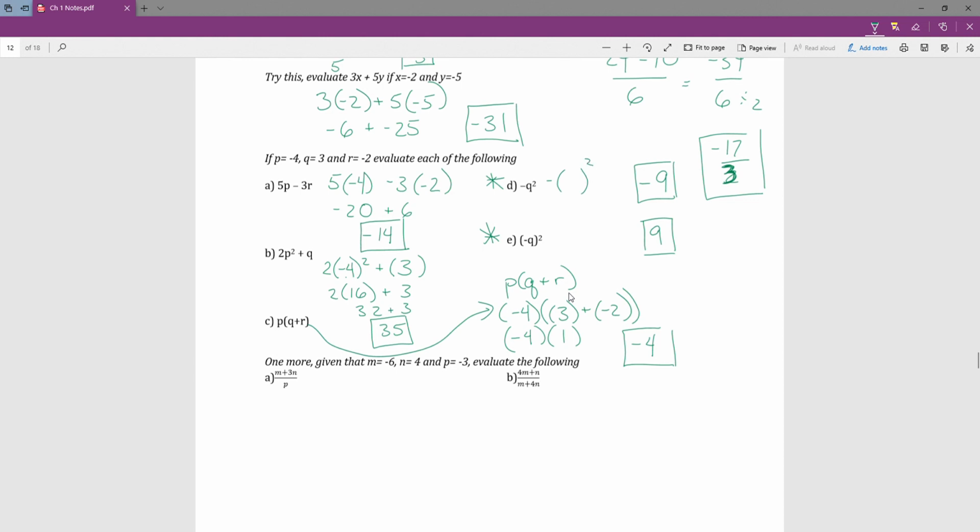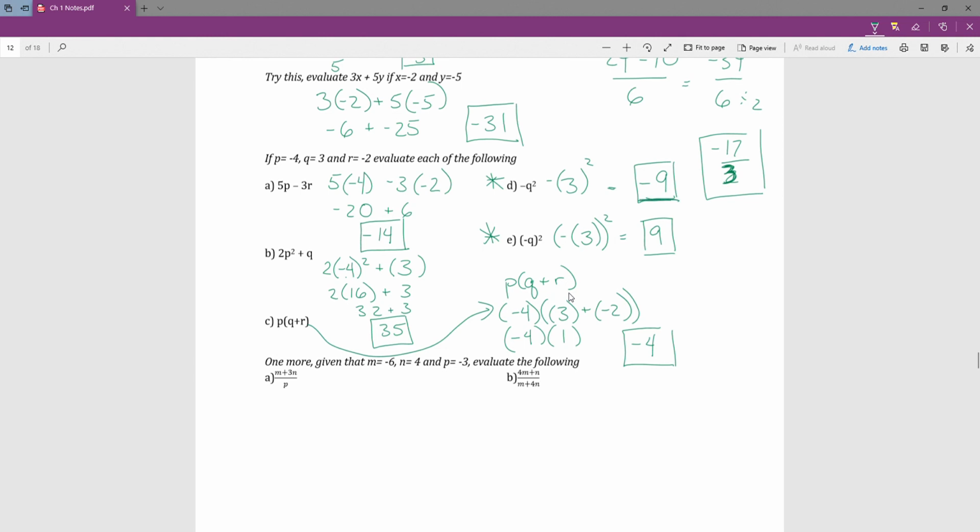So everywhere there's a letter, I'm putting those brackets in, and then I fill in that value. So Q is a +3. Now hopefully I can make some sense as I talk through this. So this is 3 squared, which is 9, and the negative of it, so -9 on the top here.